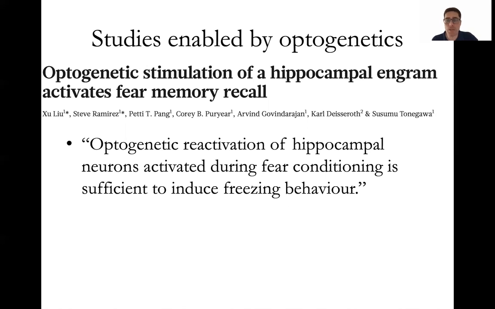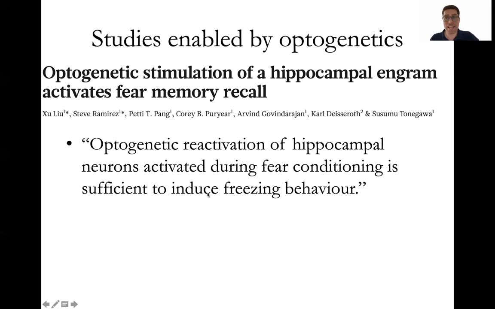What they actually did was they had the animal doing a freezing behavior. So they had previously conditioned the animal to freeze due to a fear of an upcoming electrical shock. And they were able to target their opsin to a particular set of hippocampal neurons that were activated during that fear conditioning, so that later, when the animals should not have been freezing, they optogenetically reactivated the neurons that had been active during the freezing, and it was sufficient to induce freezing behavior.